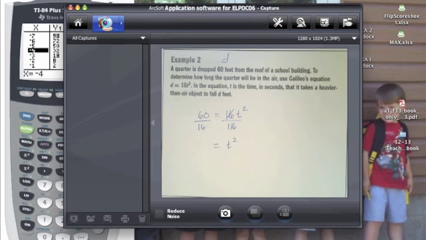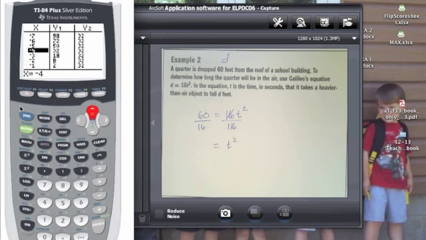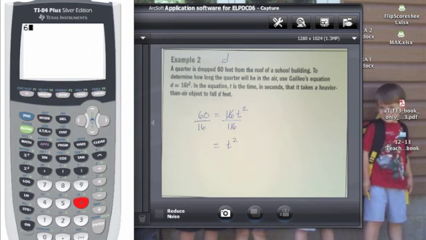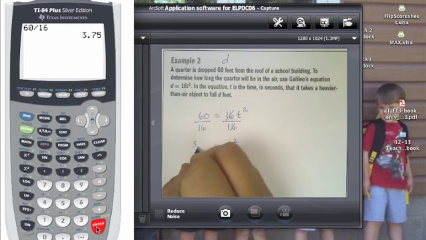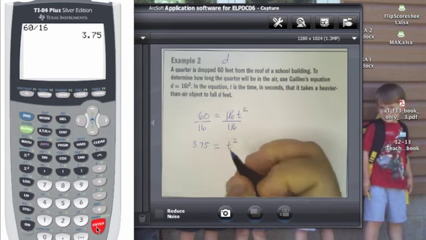Now, for those of you that don't know what 60 divided by 16 is, you go over to your calculator. 60 divided by 16 gives me 3.75.